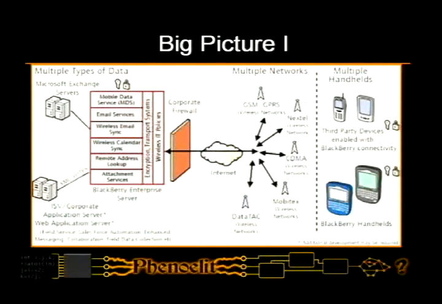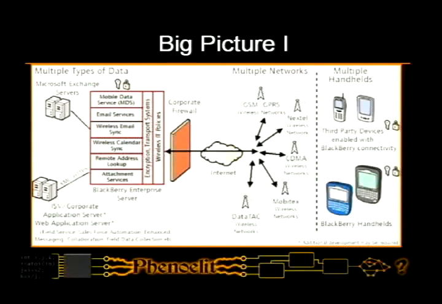We have the handheld side with third-party devices running BlackBerry stuff. We have the native BlackBerry devices. Then we have several different mobile networks, which is fairly important. Then there are lots of arrows here and one arrow through the internet. So obviously there's something missing here. Then we have the big bad internet.